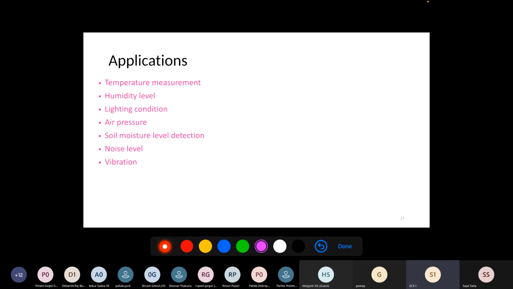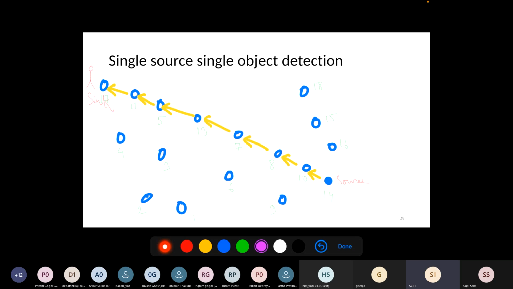Now, a few cases of what complexity may arise in the case of sensor nodes. Suppose here different sensor nodes are there and they are numbered. You can see 18, 15, 16. Can you see the numbers? No, sir, the numbers are not visible.